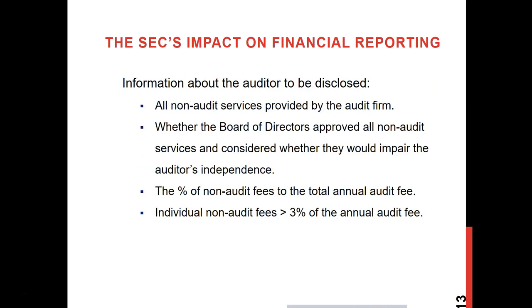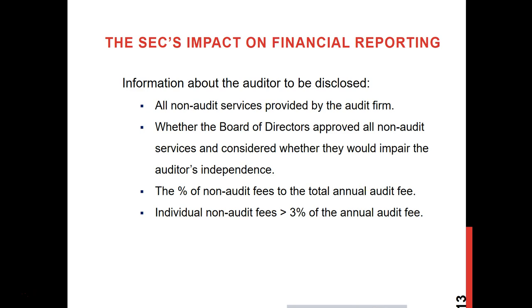All this information required by the SEC helps to ensure that true independence is established, right? And the SEC also requires disclosures about the auditors. The SEC requires that all public companies disclose all non-audit services provided by the audit firms.